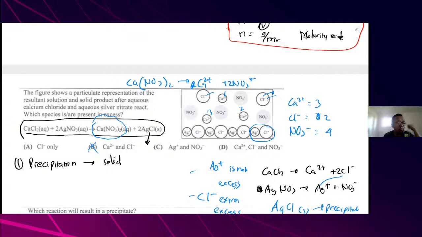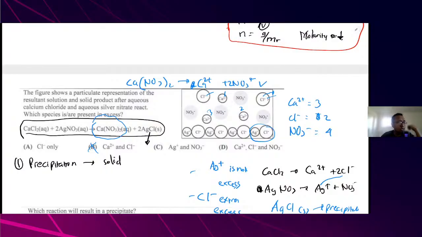It will yield nitrate ion for each calcium nitrate. This means that 2 calcium ions and 4 nitrate are the product, leaving 1 calcium ion and 2 chloride.